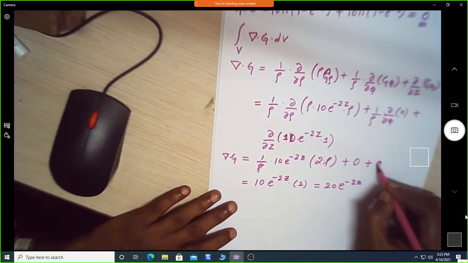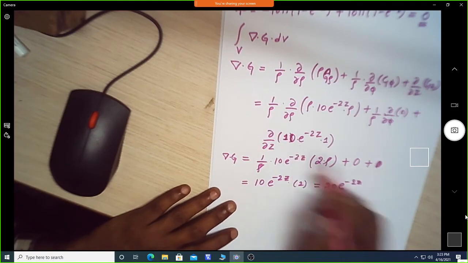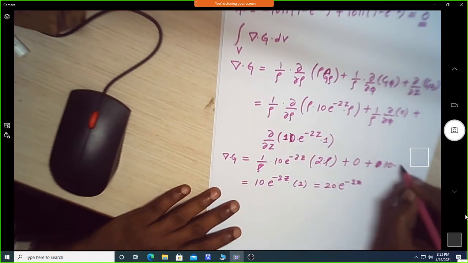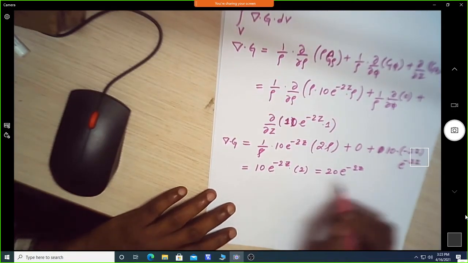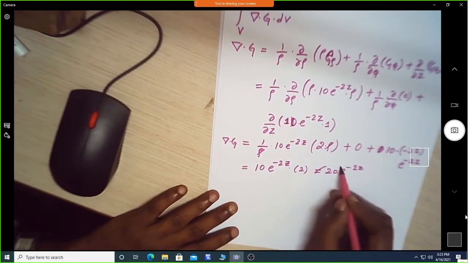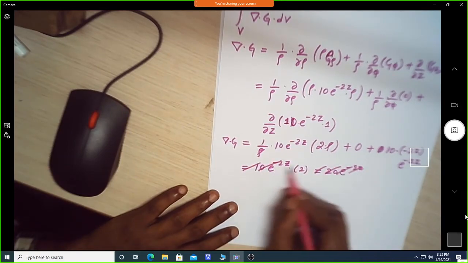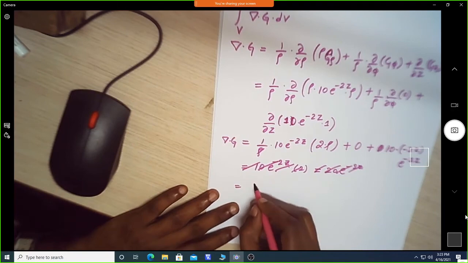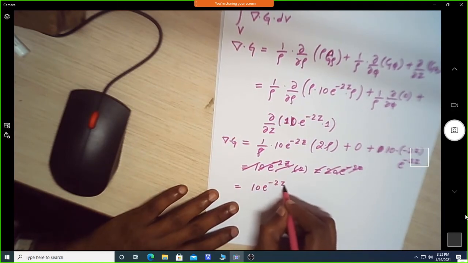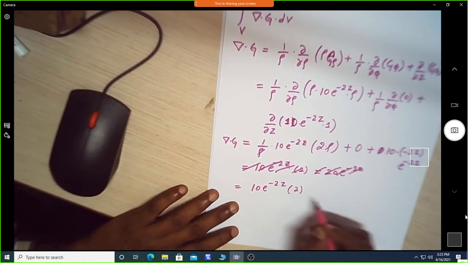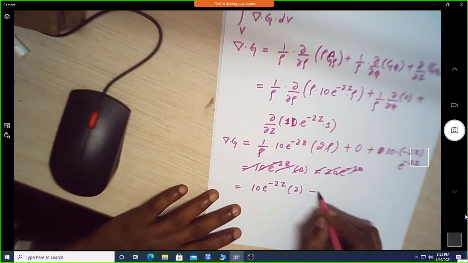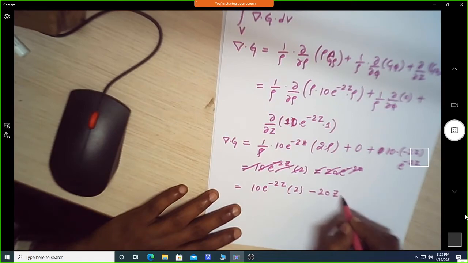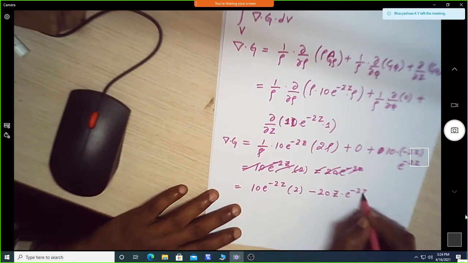So this will not be 0, and if you differentiate this one, you will get 10 into minus 2z into e power minus 2z. So the first component is 10 into e power minus 2z into 2. Here again, plus into minus minus 20z into e power minus 2z.